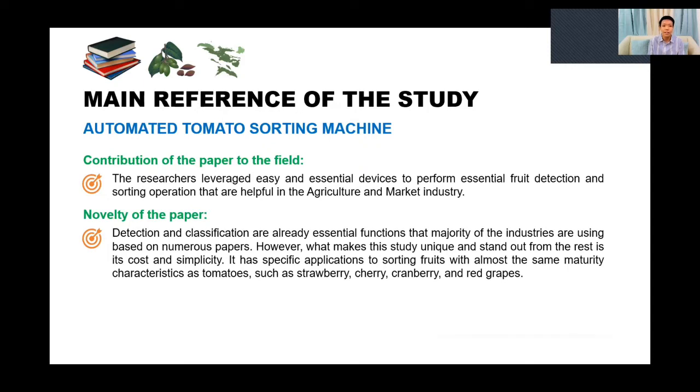However, what makes this study unique and stand out from the rest is its cost and simplicity. It has specific application to sorting fruits with almost the same maturity characteristics as tomatoes such as strawberry, cherry, cranberry, and red grapes.